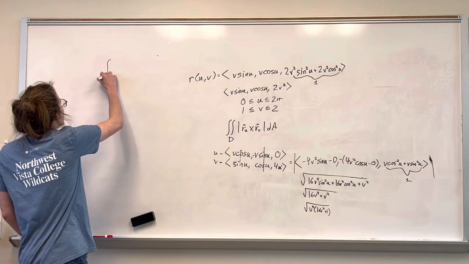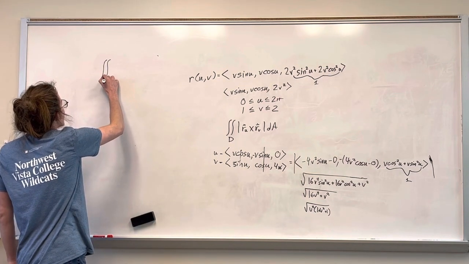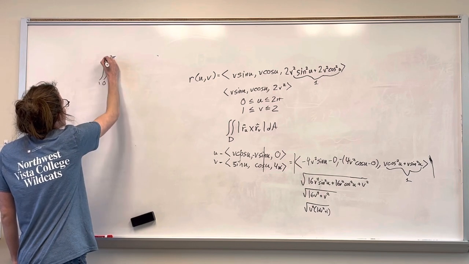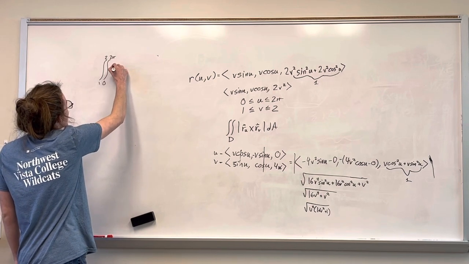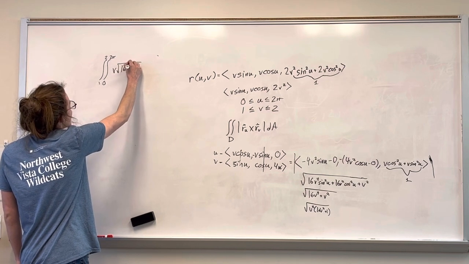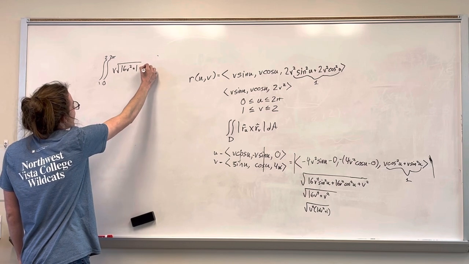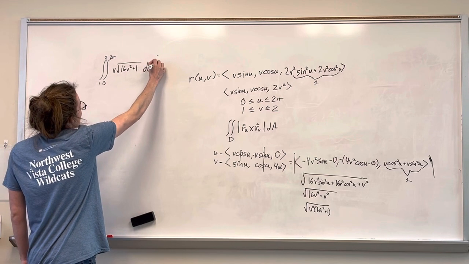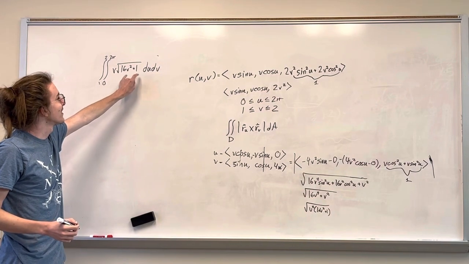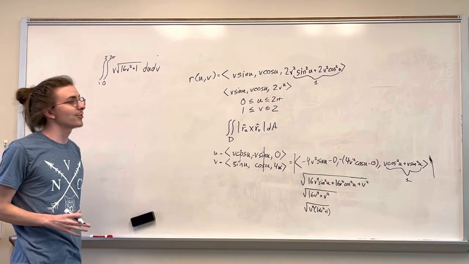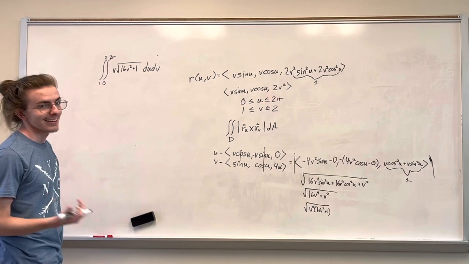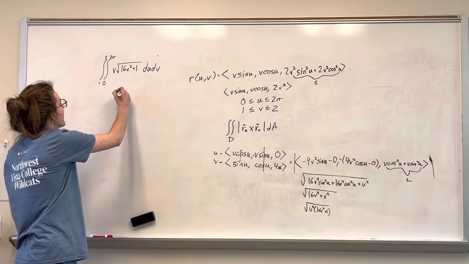So we're going to take the double integral from 0 to 2 pi and 1 to 2 of v square root of 16 v squared plus 1. We're going to do du dv. Now we're going to do the du first because the dv splits into 2 where du has a 0, so it should be quite nicer.